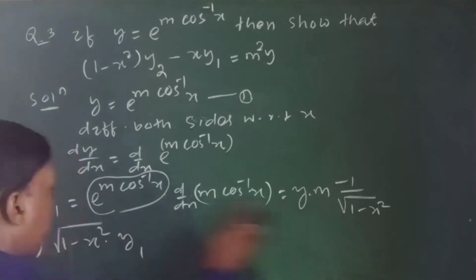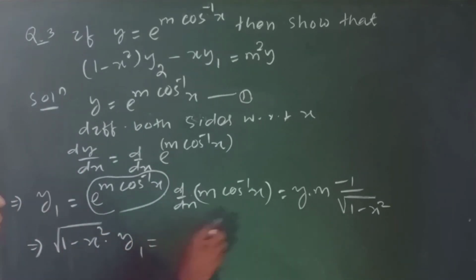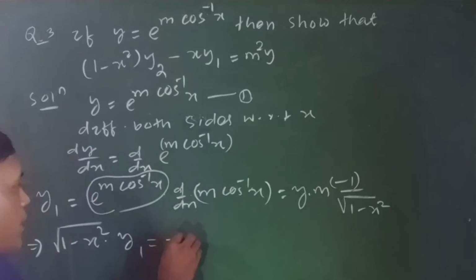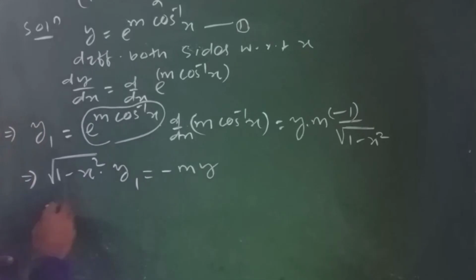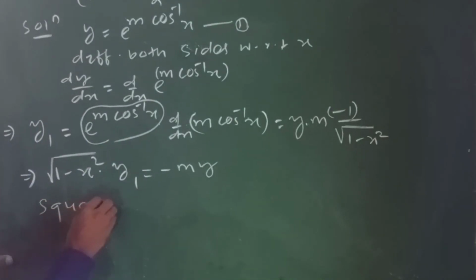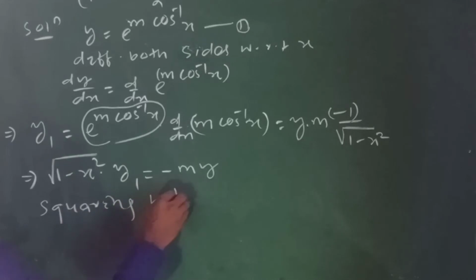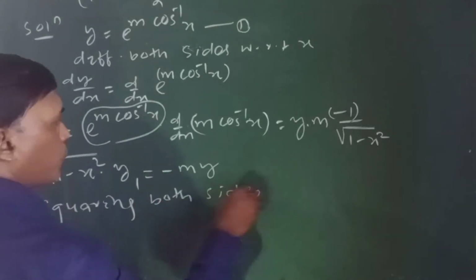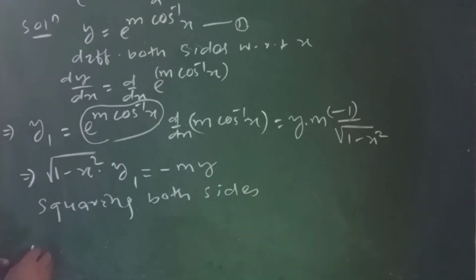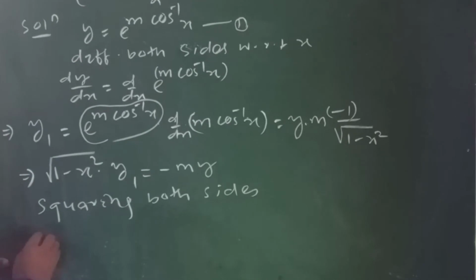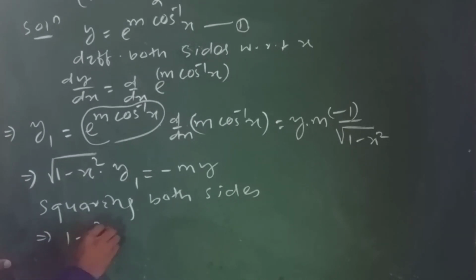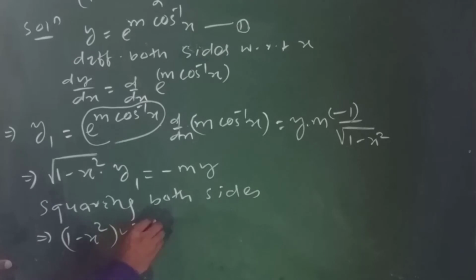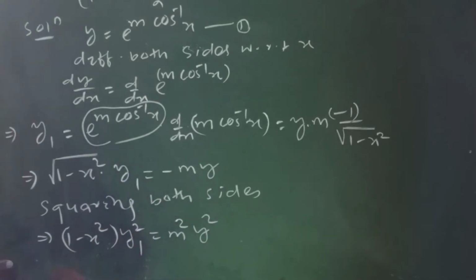Here it was divided, multiplied, is equal to, this side becomes minus m into y. Now squaring both sides, we get 1 minus x square into y1 square is equal to m square y square.